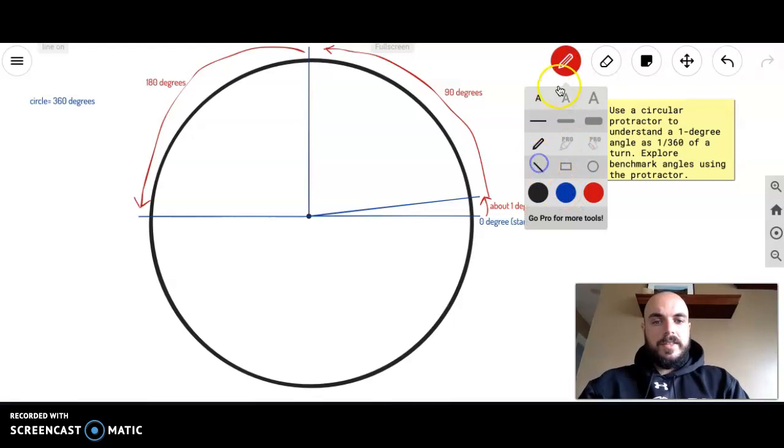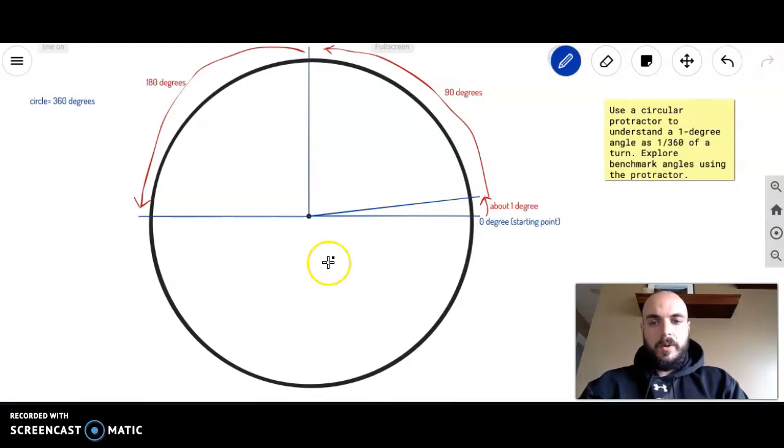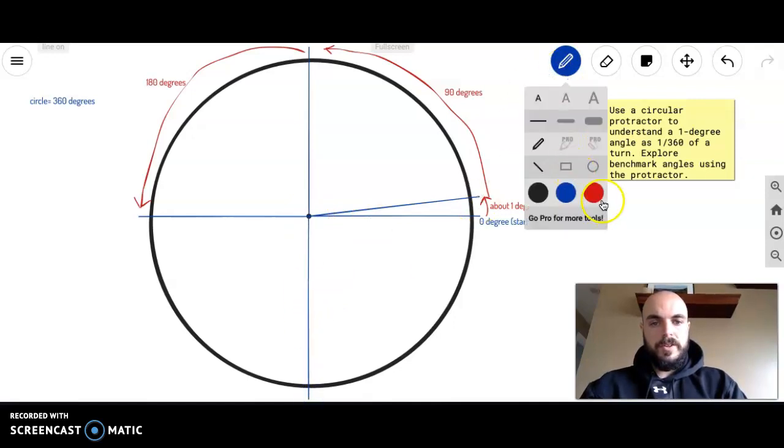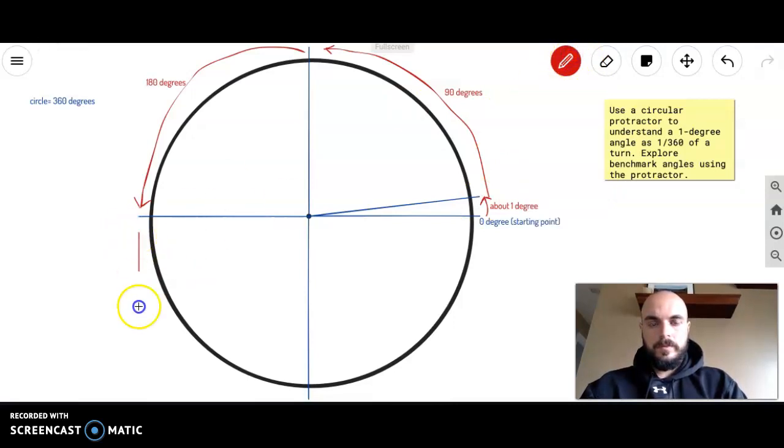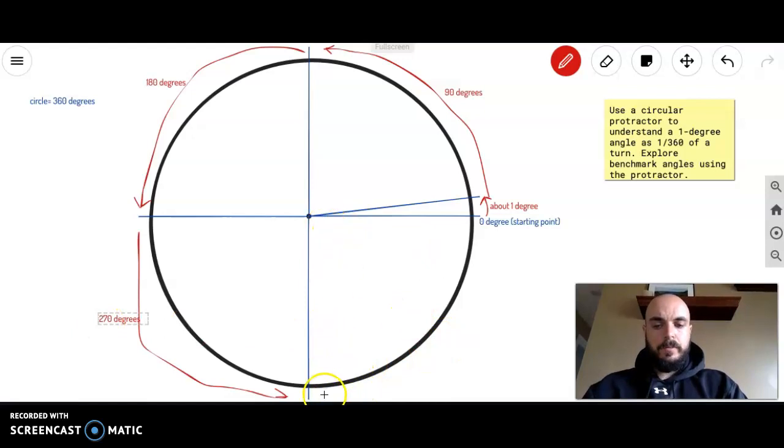And if I follow this exact same model and go another 90 around it, this is 270 degrees. I don't have to draw another line, but you can imagine that as I come around this circle one more time, all the way back to 0, I've made a full 360 degrees around the circle.